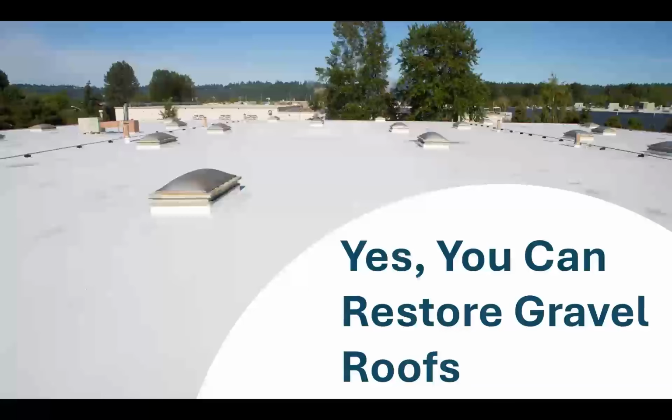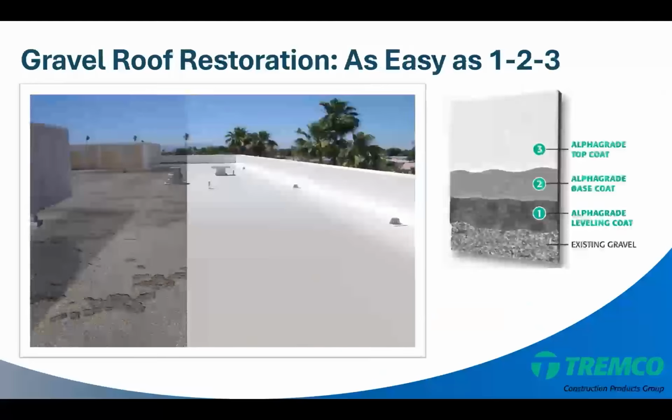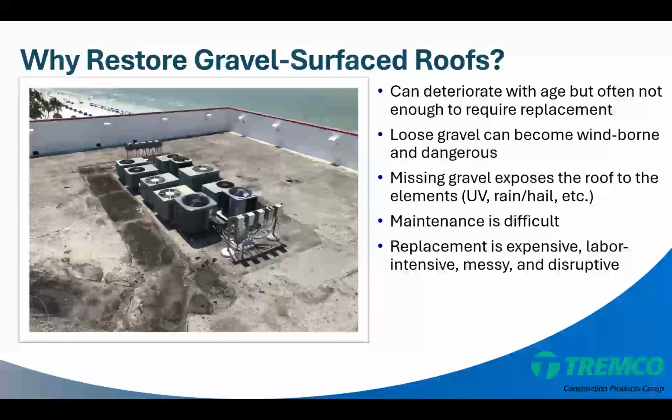And then, as I mentioned, you can even restore gravel or built up roofs. In looking at those systems, the aggregate or the gravel that's adhered can deteriorate, but often it's not really necessary to replace or remove all of that.